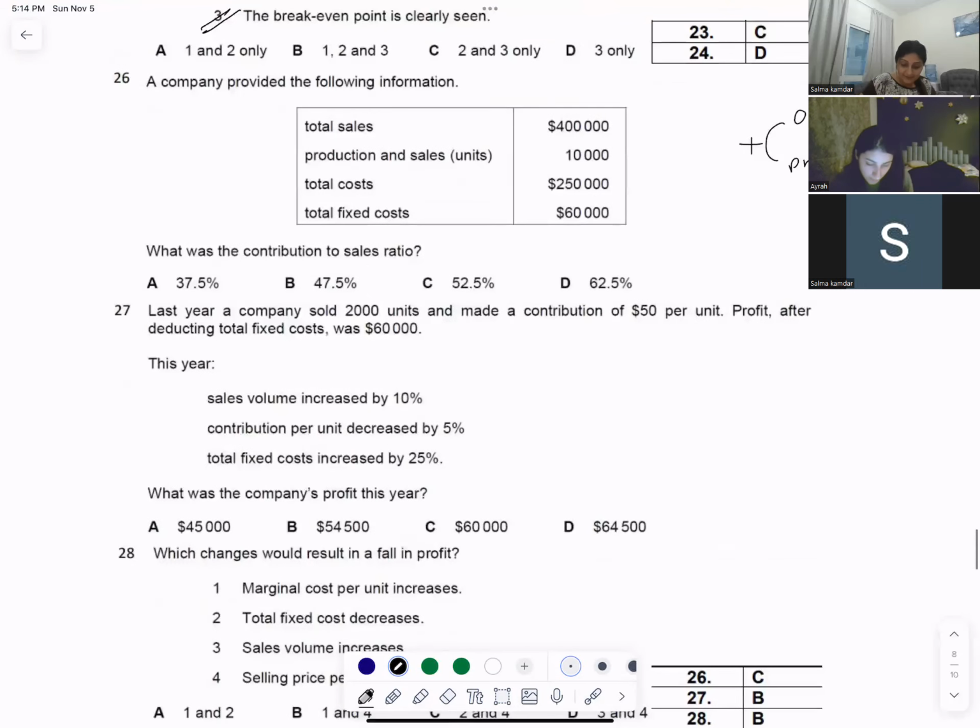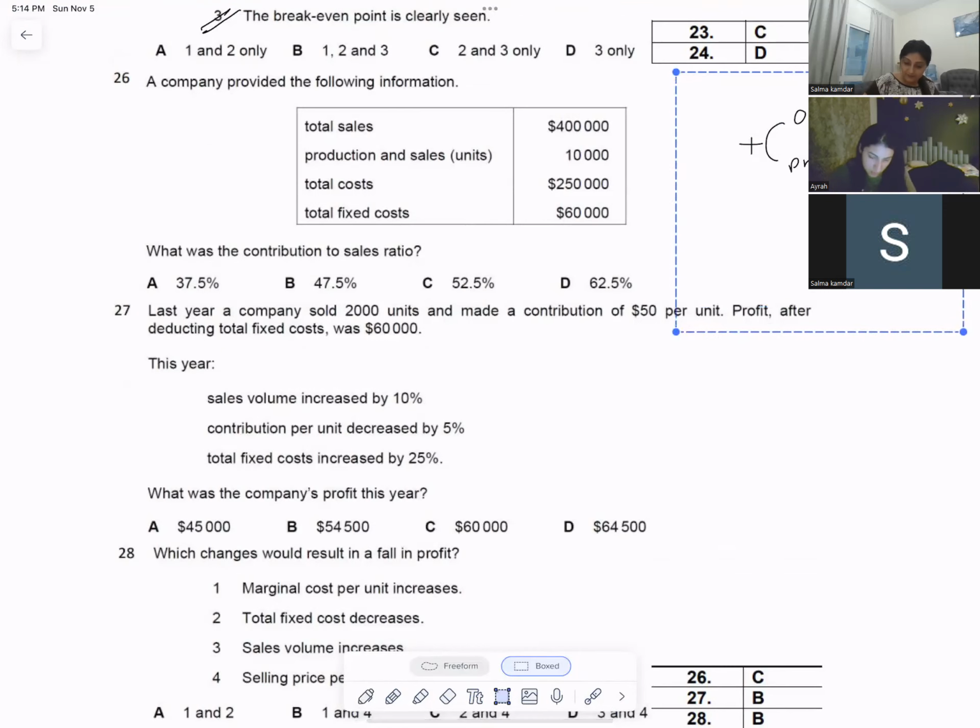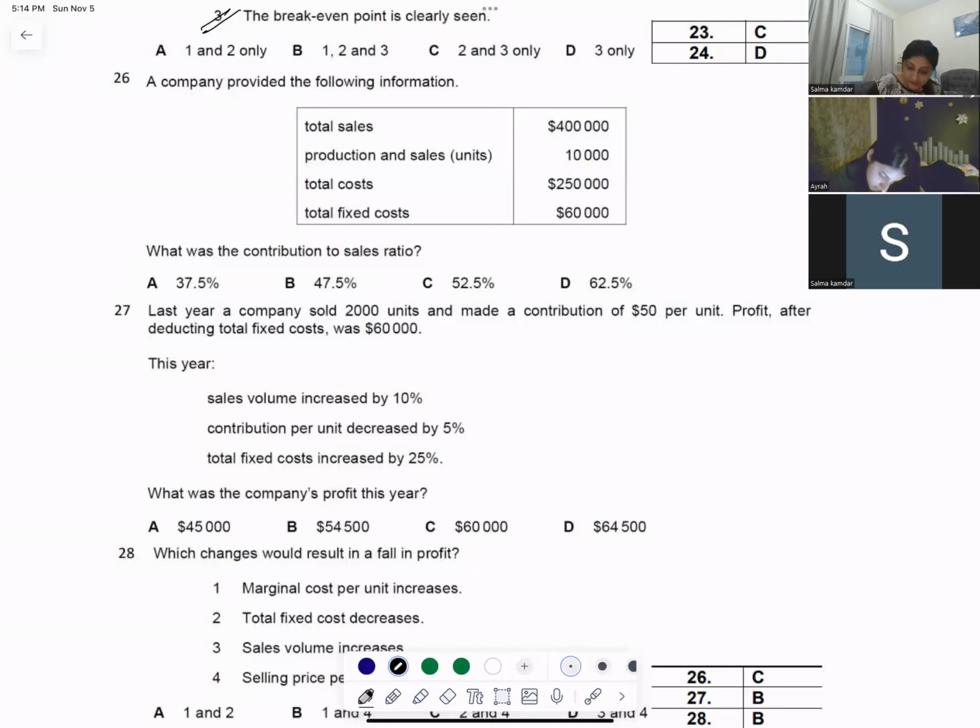A company provided the following information. What was the contribution to sales ratio? So you'll do production and sales units. You will always put sales minus variable cost, contribution minus fixed cost, profit.